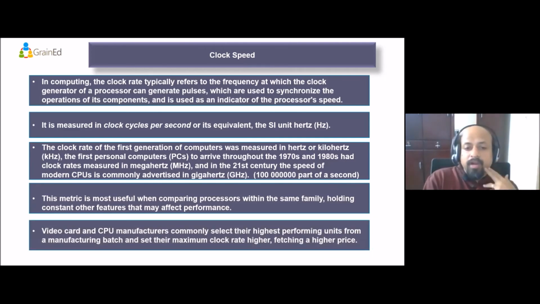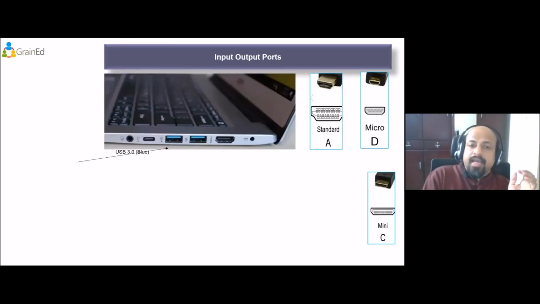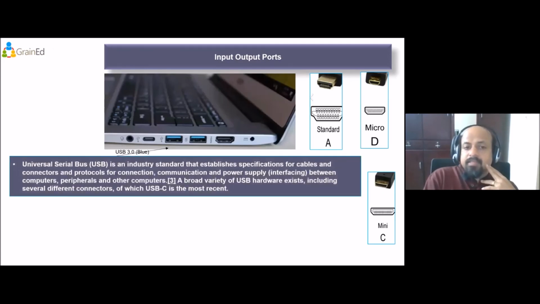And for video card and graphics, there will be different options. As I said, 4-core, 2-core, 3-core are different terminologies used in the market for configuration. And then we have USB ports. It's a universal serial bus. These days you can see USB 3 is the latest. You can see it in blue color in laptops.